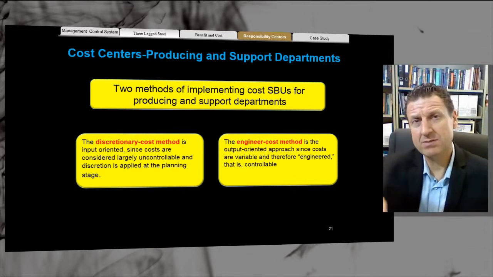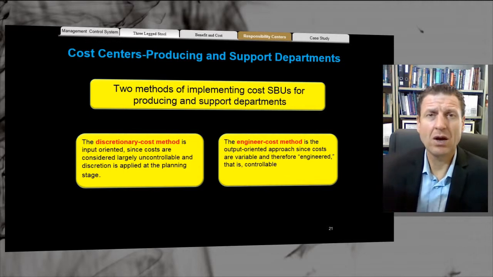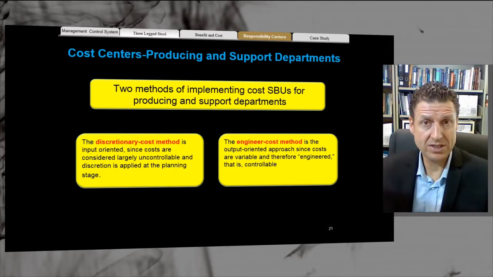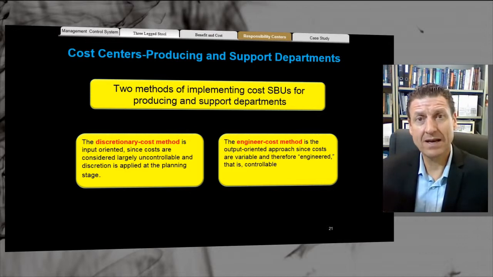Whereas an engineered cost method is, okay, you're the records keeping office in the university, you have a $10 million budget and you're serving maybe 10,000 students. So that's $1,000 per student. You're going to serve 11,000 students in the coming year. So you should have an $11 million budget.